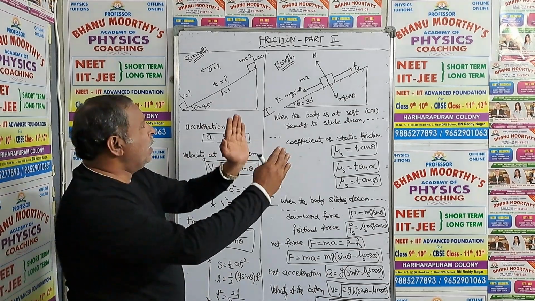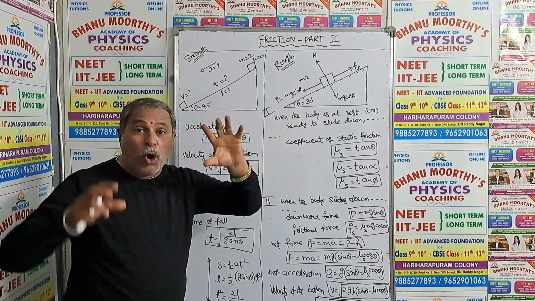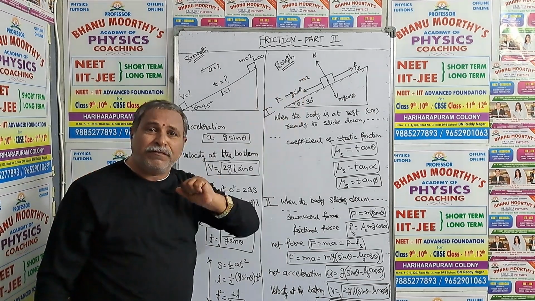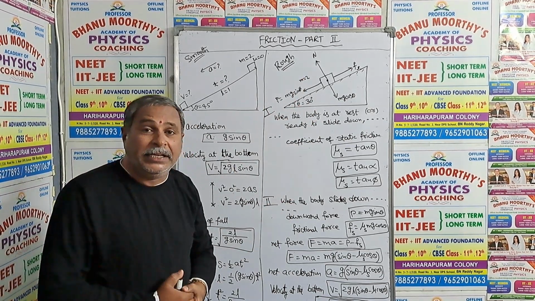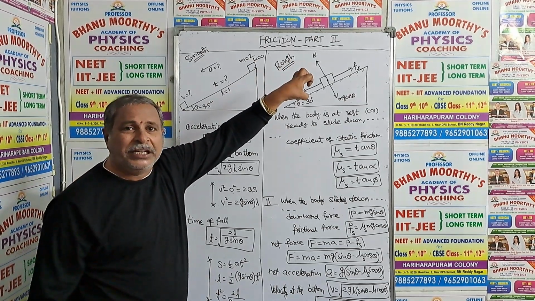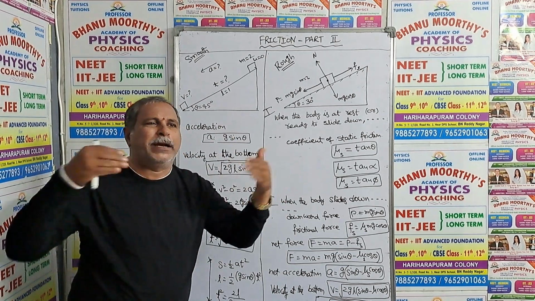Let us go to the rough inclined surface quickly. Let us assume that the block is at rest, stationary, on a rough inclined surface of length L and angle of inclination theta equals 30 degrees. When the block is at rest, it experiences forces in their respective directions.